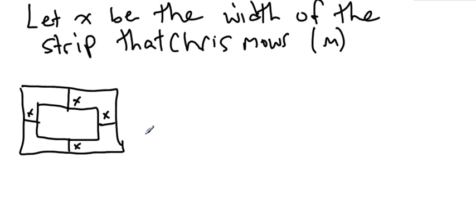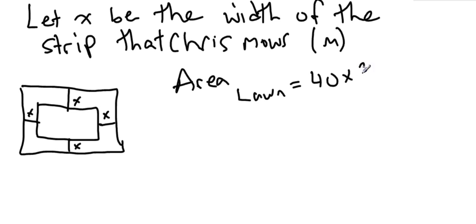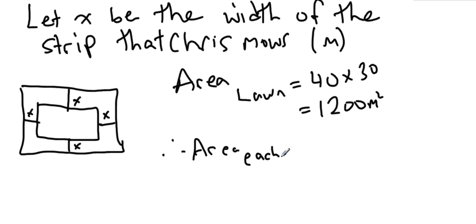So now we have to figure out how to create an equation. Well, we know that the area, and again, I'm writing this again because I want this to be part of my full solution, the area of the whole lawn was 40 by 30, which is 1200 meters squared. And therefore, the area each mows would be 600 meters squared.